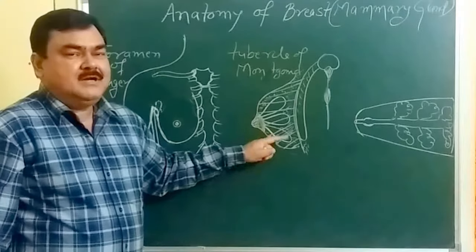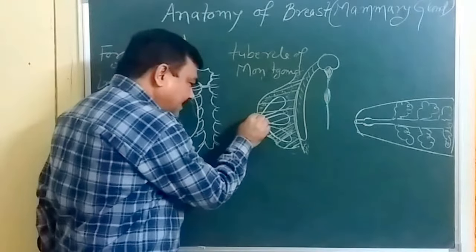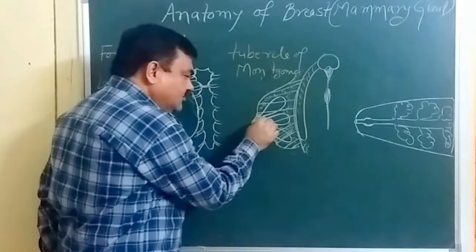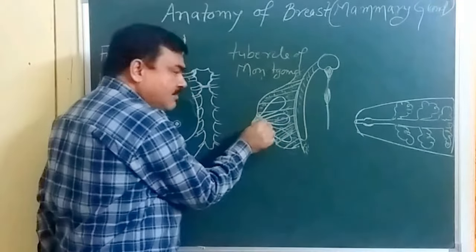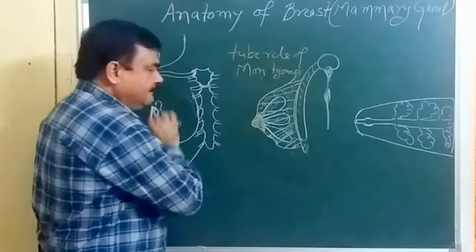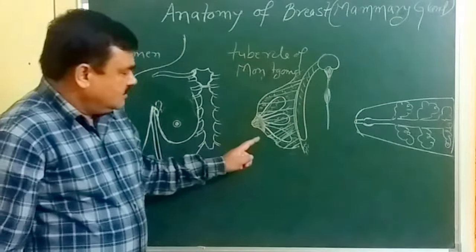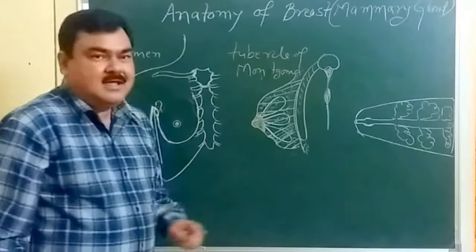In case of ductal carcinoma, the nipple becomes retracted. In ductal carcinoma, here is the duct. Due to involvement of ductal carcinoma, the nipple becomes retracted. So these are some clinical conditions related to this.